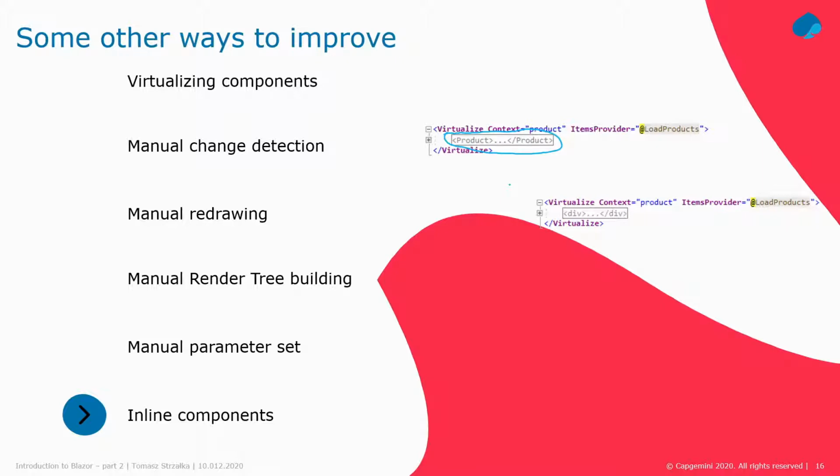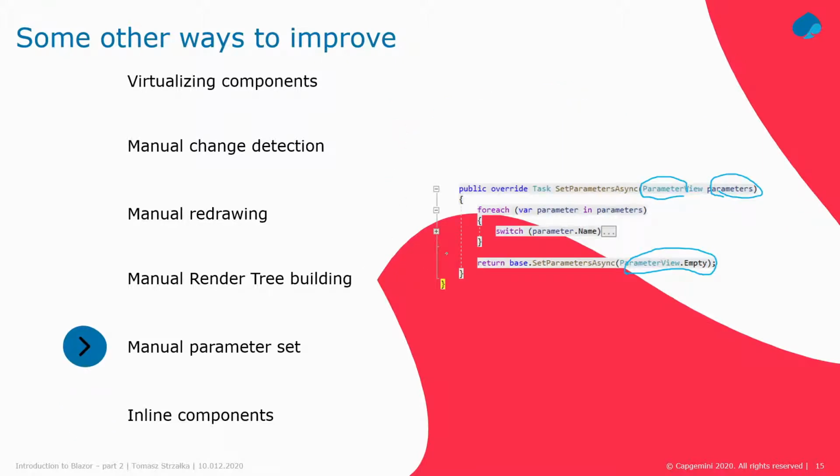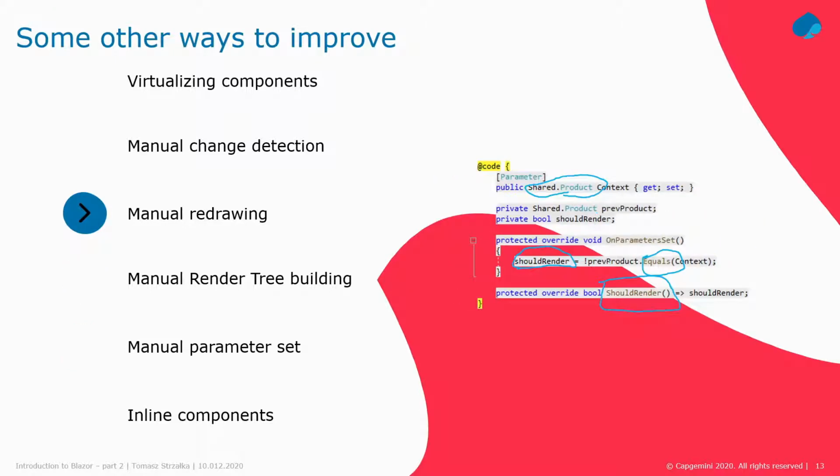render tree. So for instance, if we have a virtualized list and we display hundreds of products, and each of those products is a Razor component, this will of course mean that the Blazor framework, for each of those components, would need to set the parameters for that component. We'll need to decide if that component should be rendered.